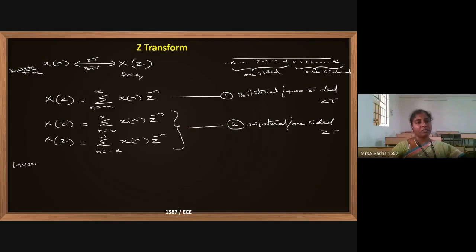Now, inverse Z transform, we have 4 methods for finding it. What is inverse Z transform? You have to find the x of n signal. Frequency domain you will have, time domain you have to find out. We have 4 methods in this. First method is long division method.